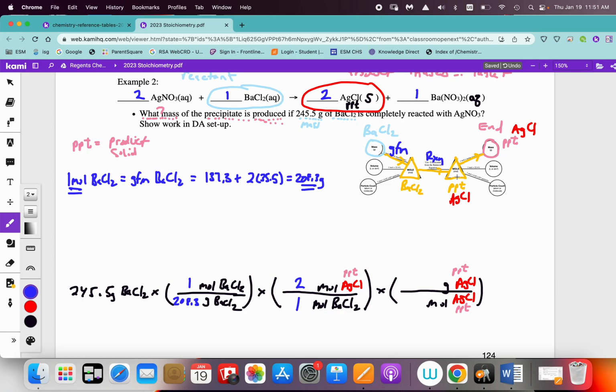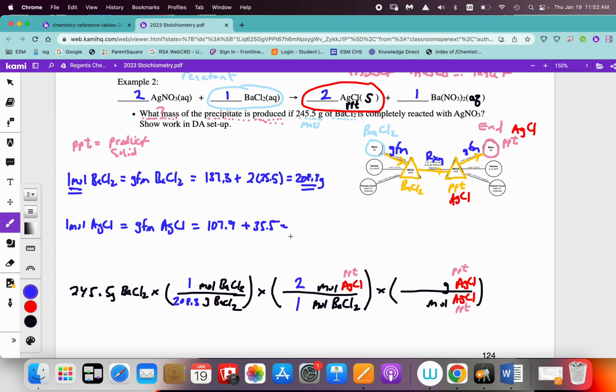Now I need to plug in my last information, going from moles of the precipitate to the mass of the precipitate. So this is a GFM problem. So 1 mole of AgCl is equal to the GFM of AgCl. I just need to figure it out. So there's 1 Ag atom, its mass contributes 107.9, plus the only Cl, which is 35.5.